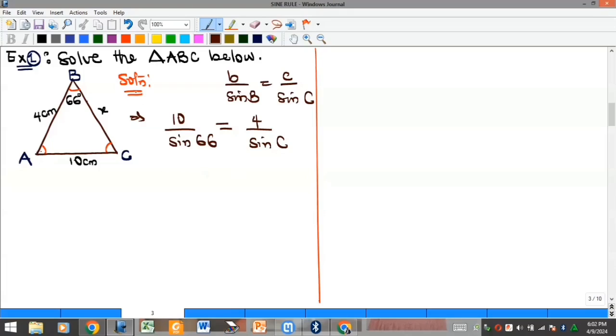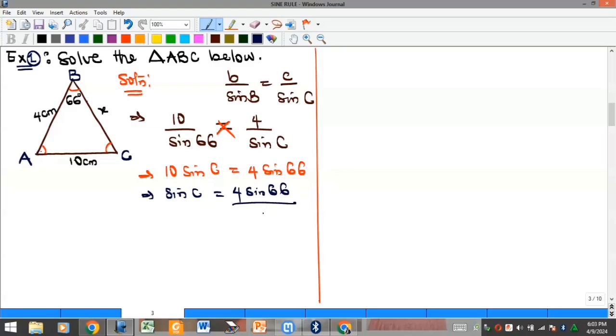All right, so from here we can clearly see that if we cross multiply, this is going to be 10 sine C equal to 4 sine 66. So we can clearly now see that sine C alone is equal to 4 sine 66 all over 10.